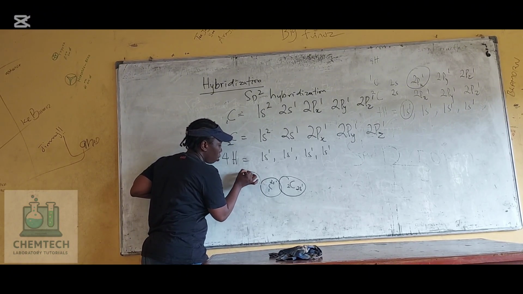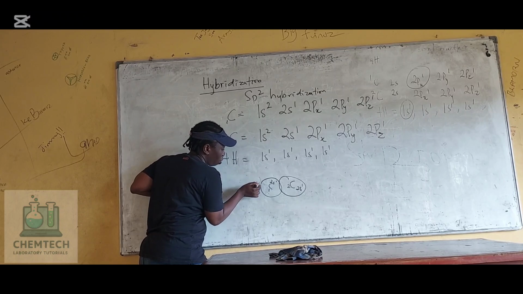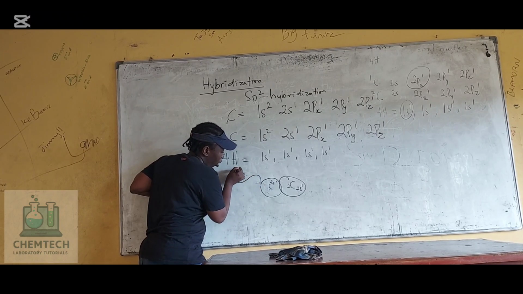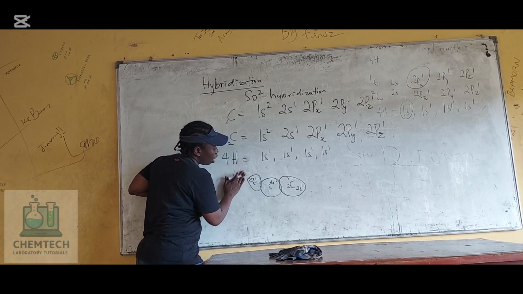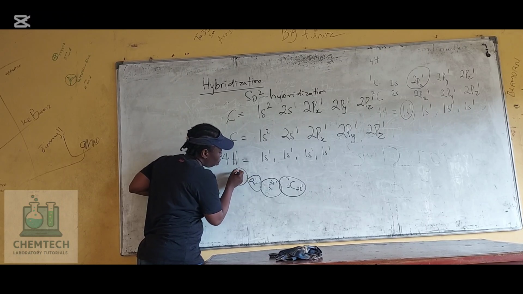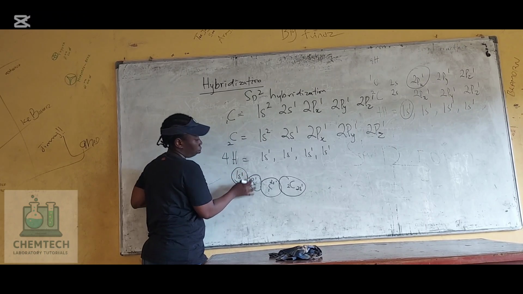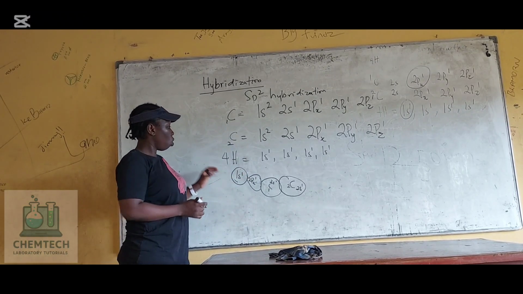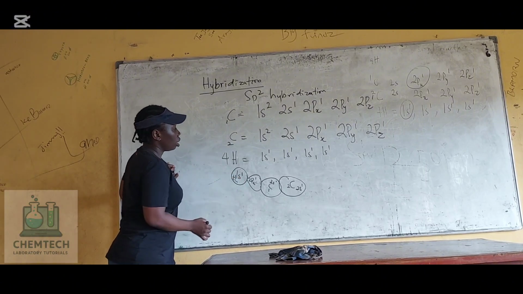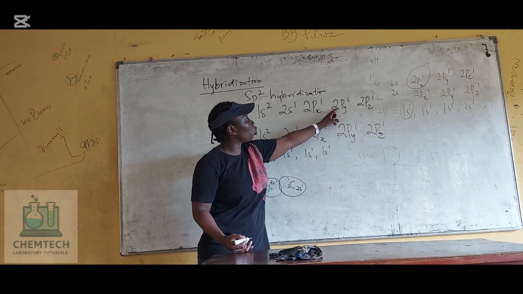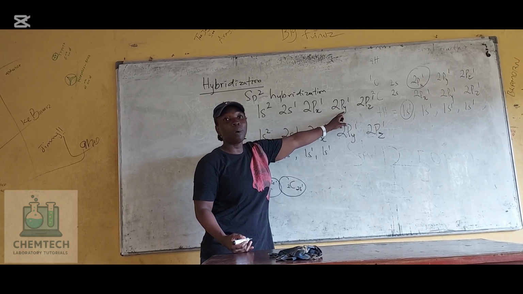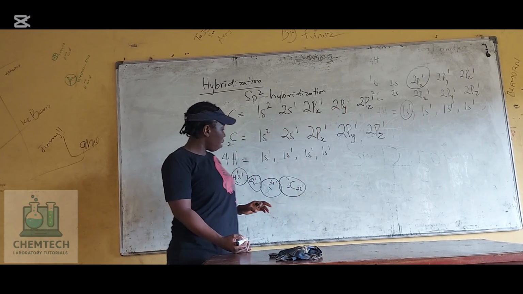The first carbon, px1 will take one part of it to form the spherical of what? 1s1 of hydrogen. Then the second hydrogen will combine with the 2py1 of the first carbon.